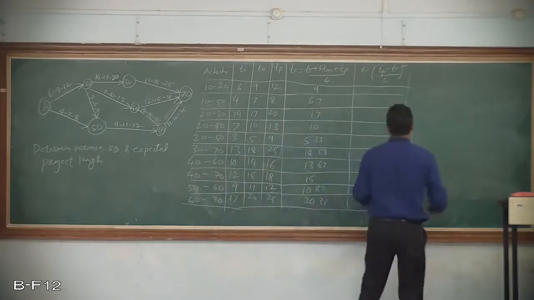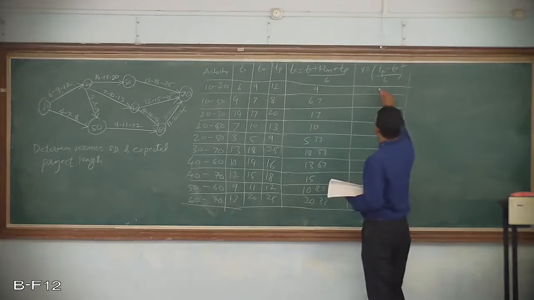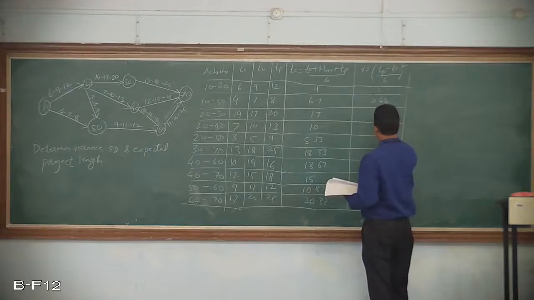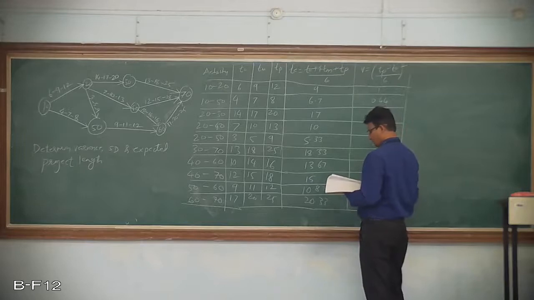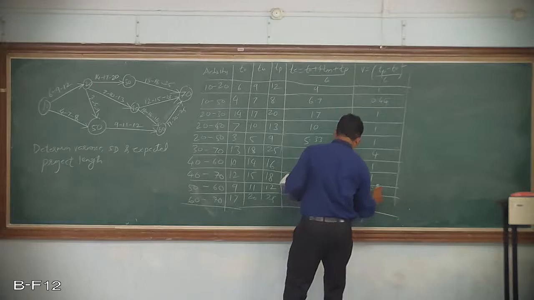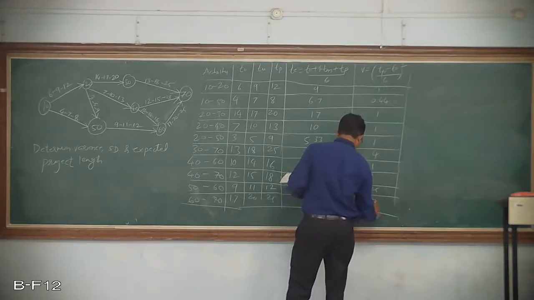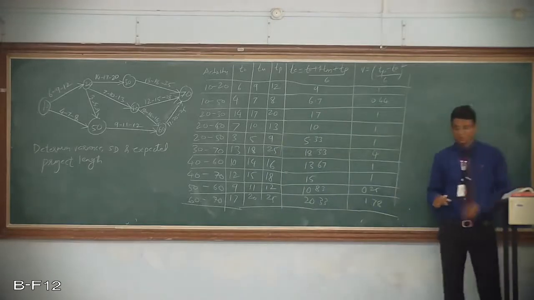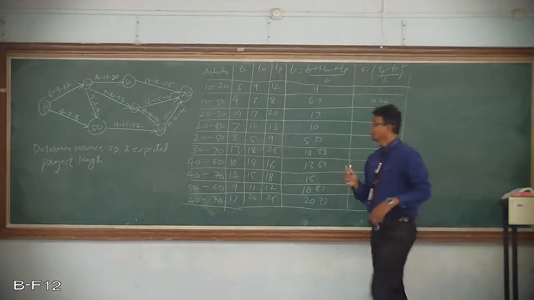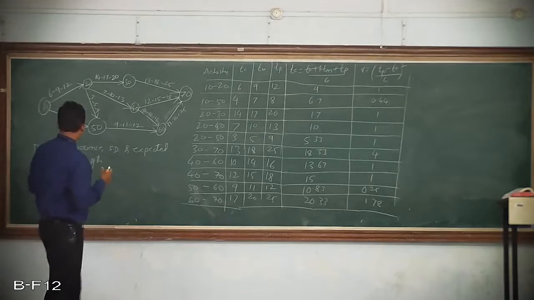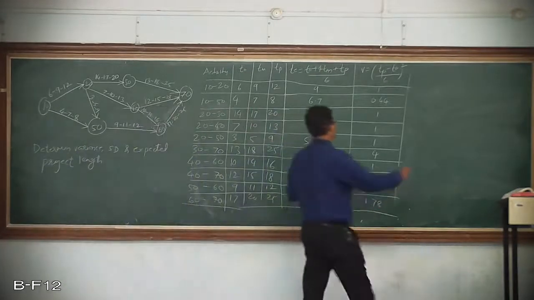Okay, and similarly calculate the variance. So then 1, 1, 1, 1, 0.25 and 1.78. So this is what they have asked: only determine the variance, standard deviation and expected project length. If they ask for standard deviation, you can add one more.